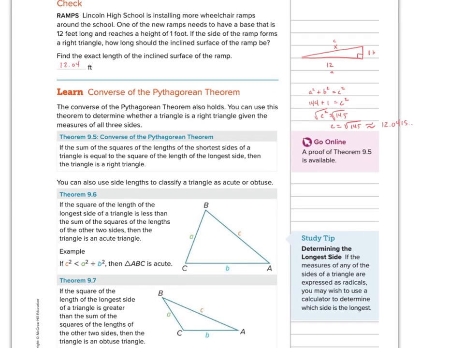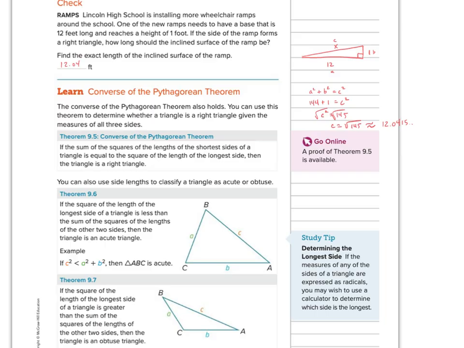So the converse. Now, the converse of the Pythagorean theorem is saying that if the sum of the squares of the lengths of the shortest sides of a triangle are equal to the square of the length of the longest side, then you have a right triangle. So they're just sort of going in reverse.